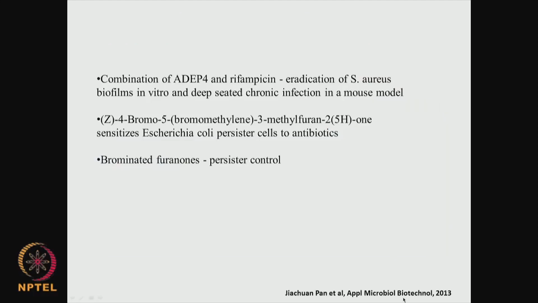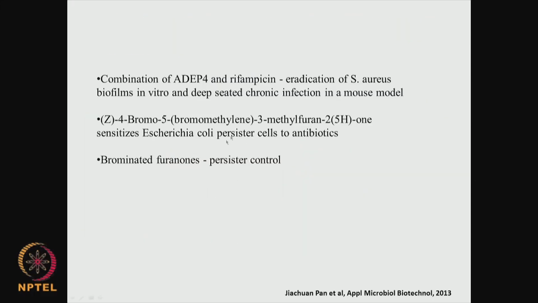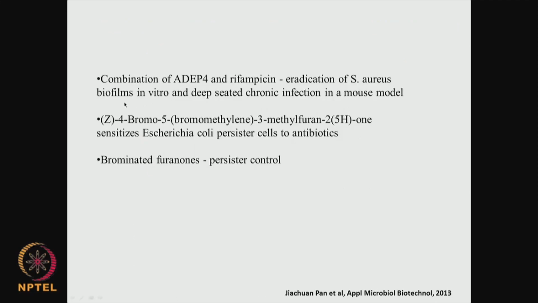Okay. So, a combination of this particular peptide and rifampicin, which is a well known antibiotic, has been studied and found that together they can eradicate Staphylococcus biofilms in vitro and deep seated chronic infection even in animal models like mouse models. Okay.